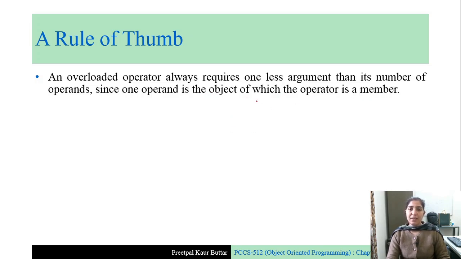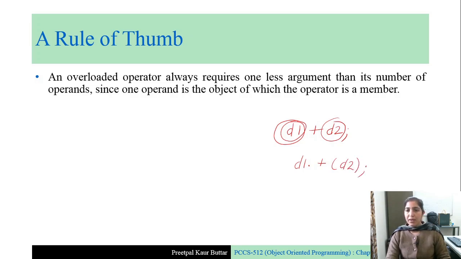I have told you this multiple times when we were implementing the programs: if we write d1 plus d2, then we need to pass only the second argument, because the first argument will be passed implicitly, since we are calling this overloaded plus operator through d1, and the second operand we have to pass, okay.